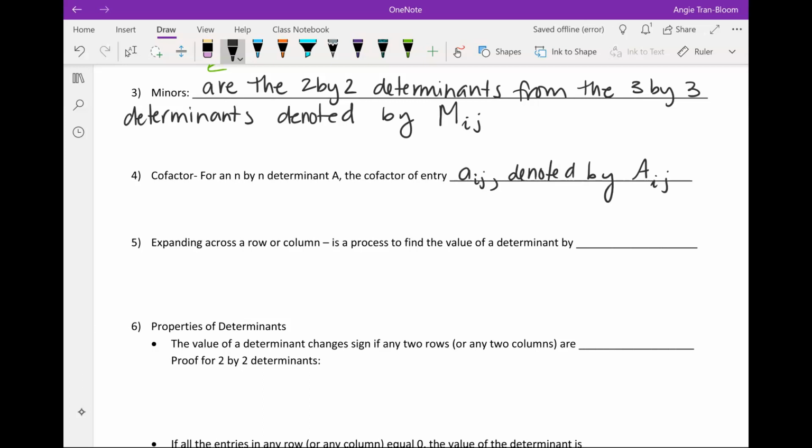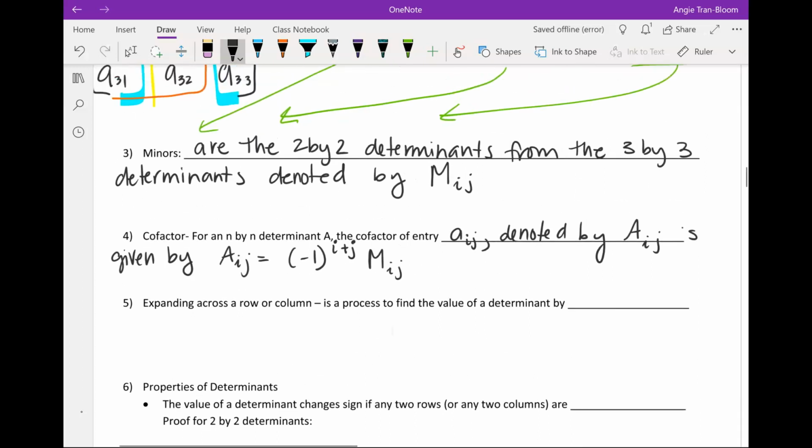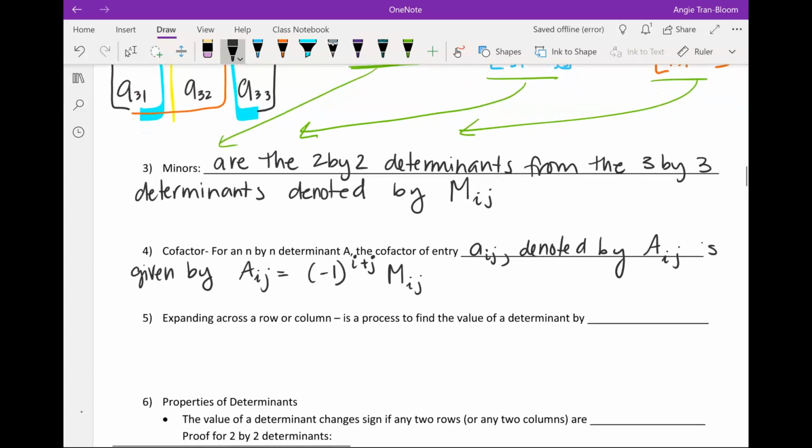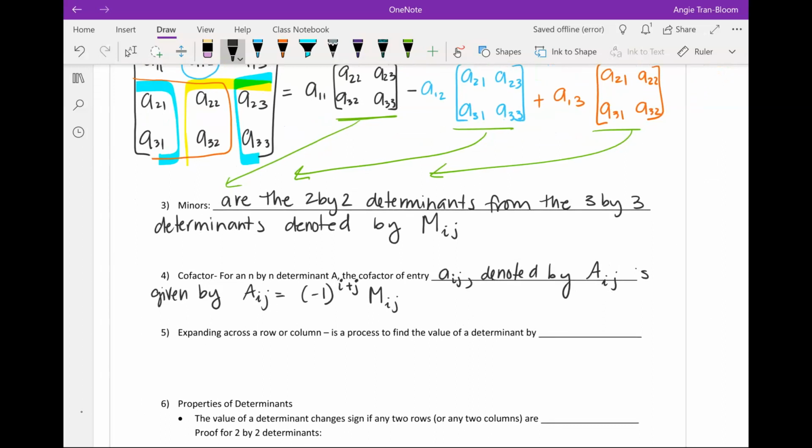Little a is an entry of that matrix. It is given by Aij equals -1 raised to the power of i plus j times the minor Mij. Okay, so let's go ahead and copy that down and we'll look at it all together as one whole picture.